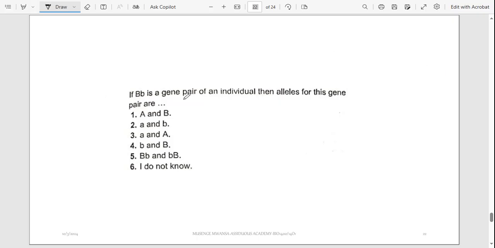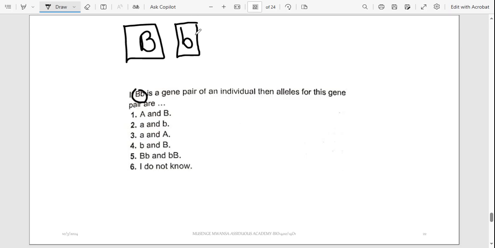If BB is a gene pair of an individual, then the alleles for this gene are these same guys. So B is an allele and B is an allele. For example, this is coming from my mother, you should have black skin. This small one, let's say, is coming from my father, you should have light skin.